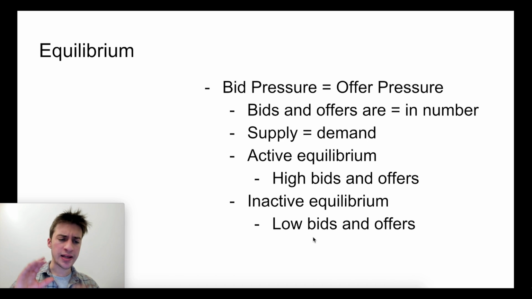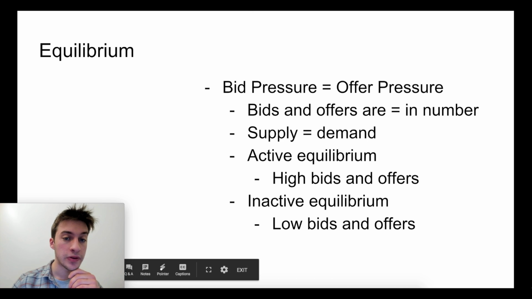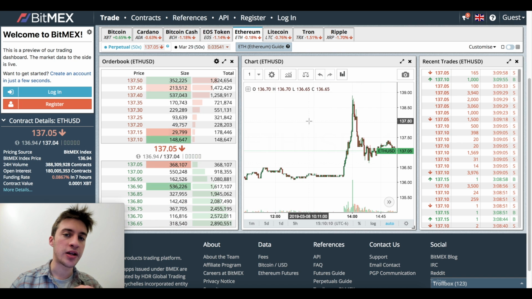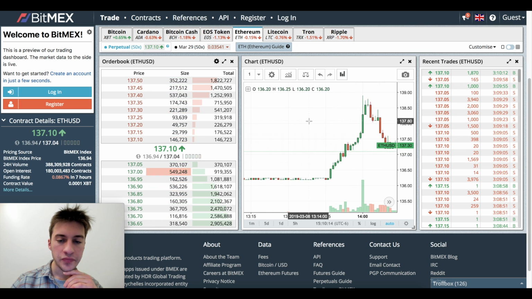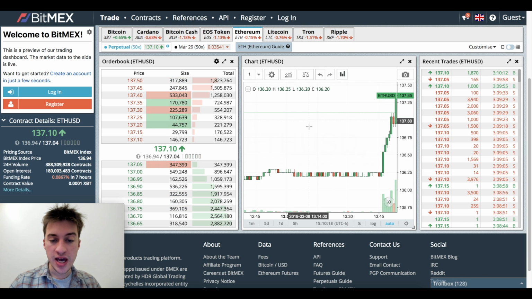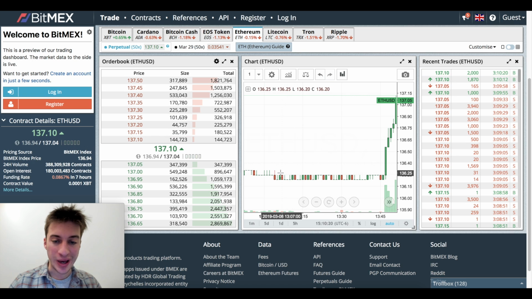Let's go take a look, and I just want to show a visual of what an active equilibrium looks like and what an inactive equilibrium looks like on a price volume chart. All right, this is 1 minute candlesticks, and I'm only using 1 minute here just to show the supply and demand runs. This was for sure active equilibrium. Do you see how price was just not able to go any higher than 136.25?